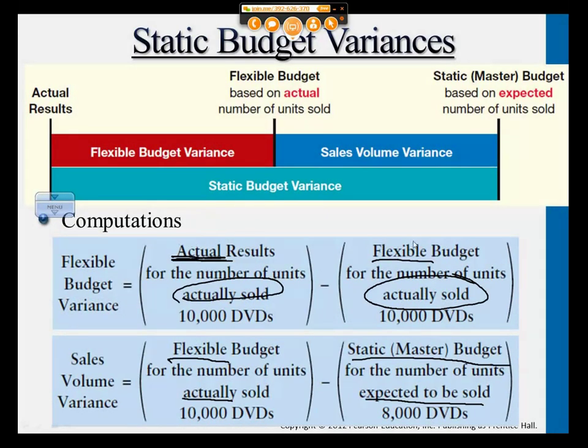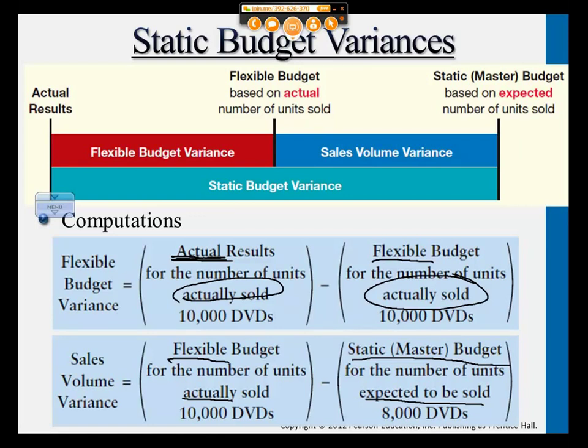It's not from the flexible budget. So there's a difference likely. One is the number derived from the budget, but within this relevant range. If I know that I sold 10,000, I'm going to go to this relevant range, find that 10,000 column, and use the number from there. For the actual result, I will use the actual results.